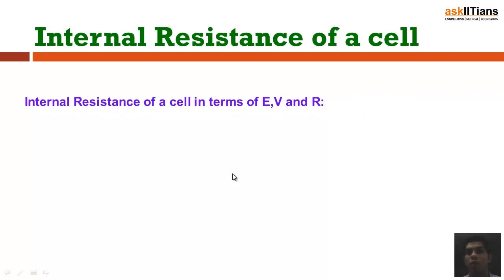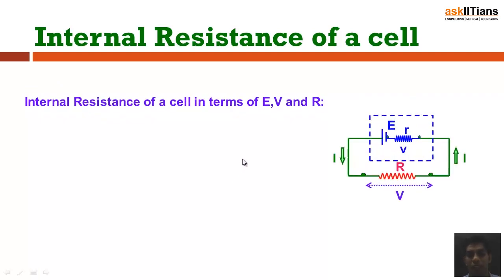Now we'll try to calculate the value of the internal resistance of the cell. So again the same setup: I have a cell of EMF E with the internal resistance r, the potential drop across it is small v, there is an external resistor R, the potential drop across that external resistance is V, and the current is driven in this direction.